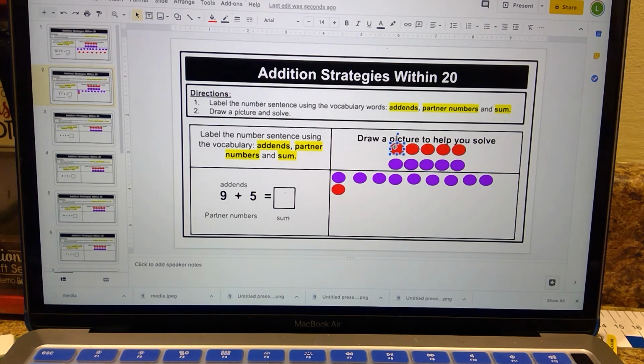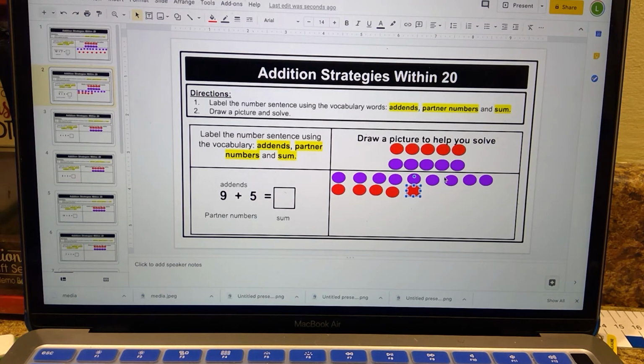1, 2, 3, 4, 5. And I'm going to double check and make sure I have 5. 1, 2, 3, 4, 5.